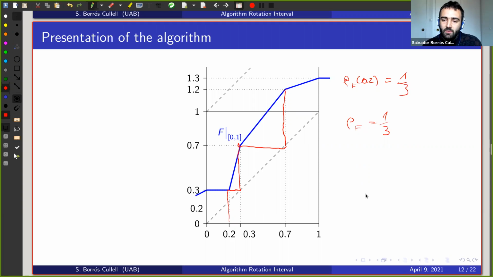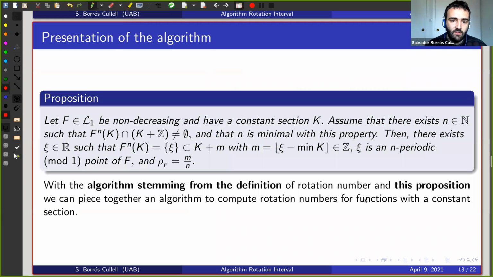Finally, we have all the pieces in place to present the main proposition of the paper.